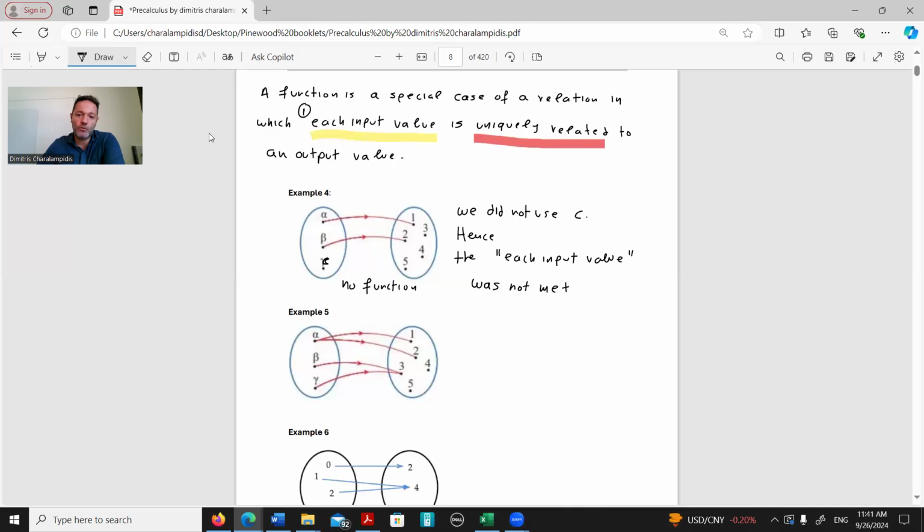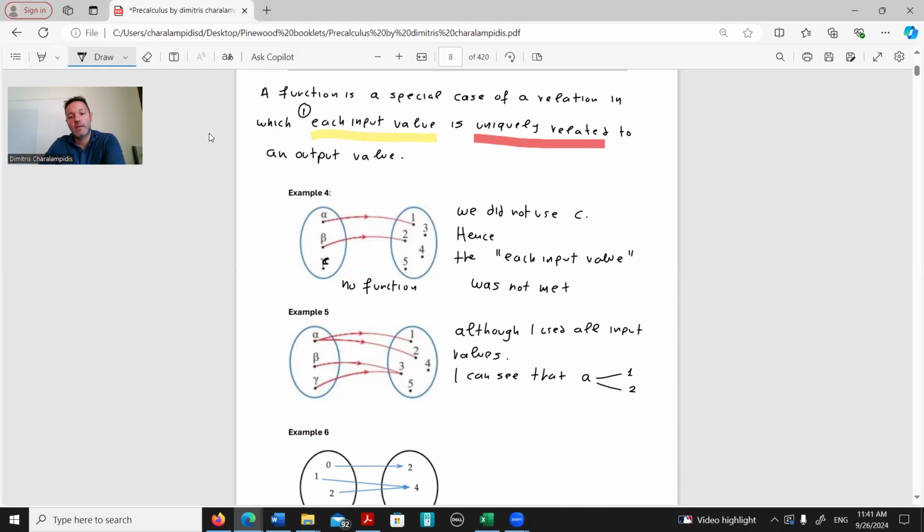From A, we go to 1. From A, we can also go to 2. From B, we go to 3. From C, we go to 3 again. Although I used all input values, so the first condition is met, I can see that from A, I can have a relation with 1 and a second relation with 2.